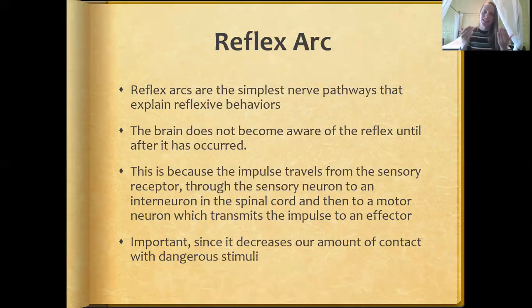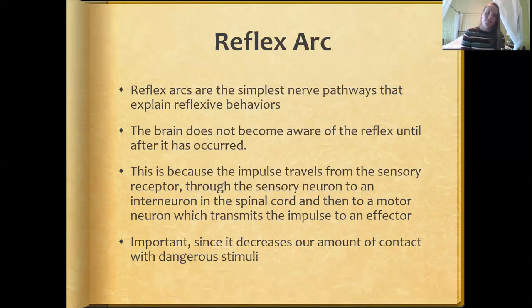So the brain is very involved in most of the nervous system pathways that are taking place in your body, with the exception of the reflex arcs. The reflex arcs can happen very, very quickly because the impulse is traveling from the sensory neuron to the interneuron in the spinal cord, and then directly back to the motor neuron and the effector without ever going to the brain.